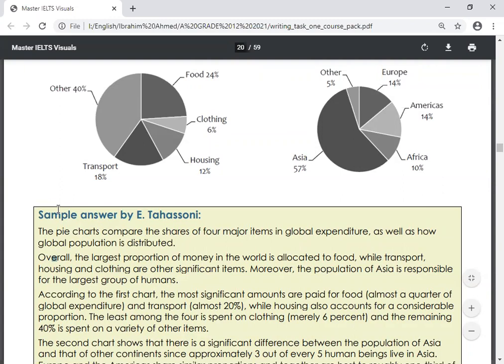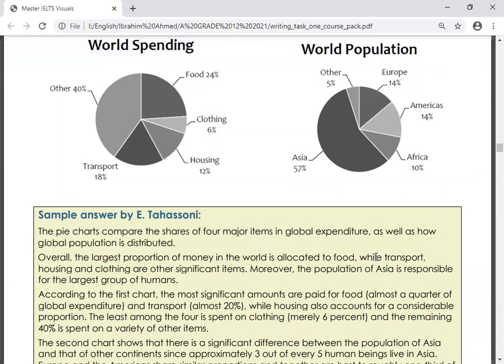While, this is a good word to use for comparison here, while, whereas, but, transport, housing, and clothing, the three other ones, are other significant items. We don't mention any numbers. Remember, in the overview, we don't mention any number. We have a full stop.